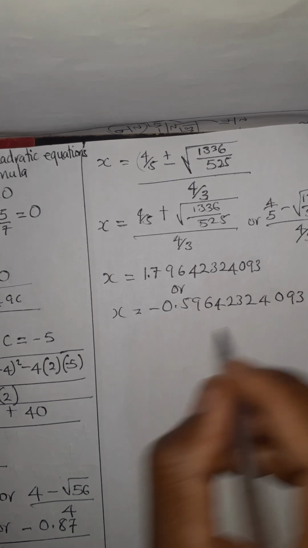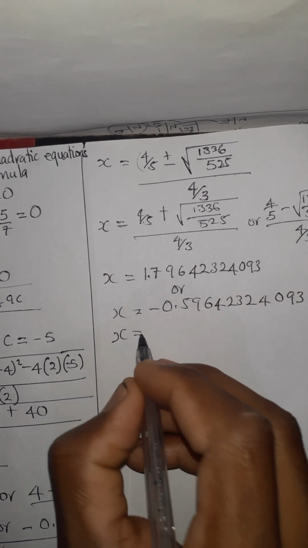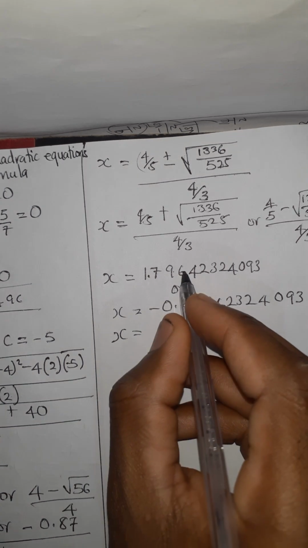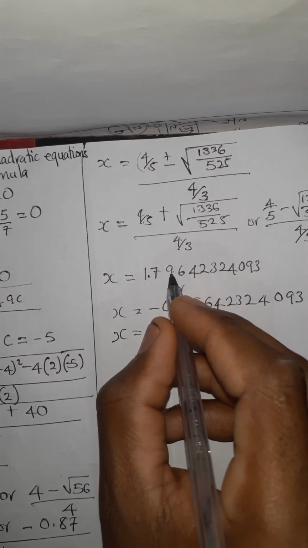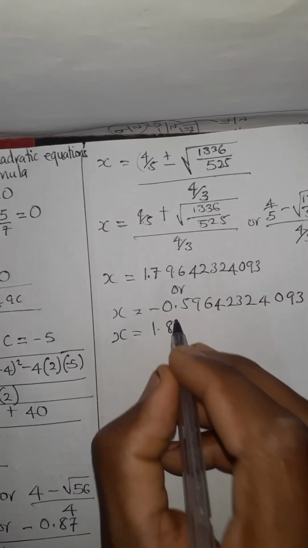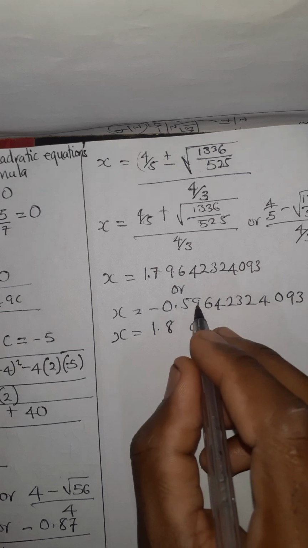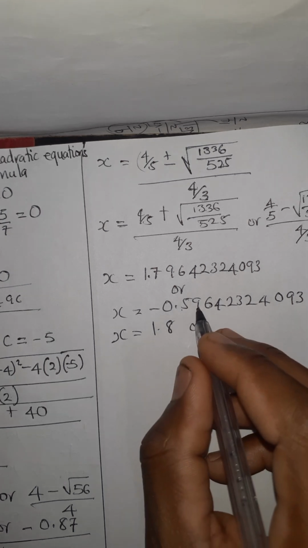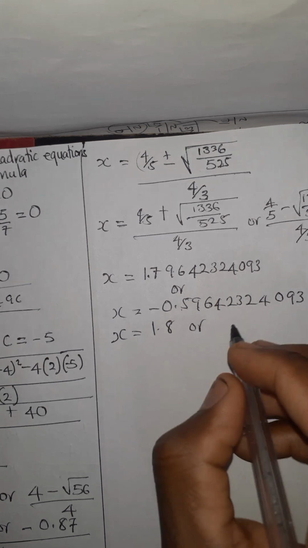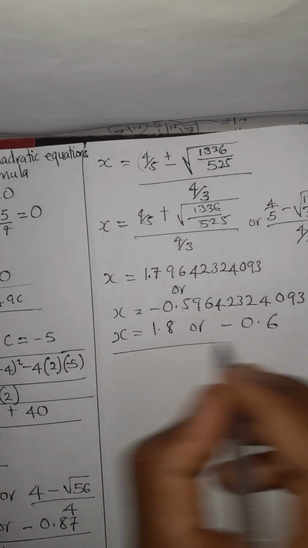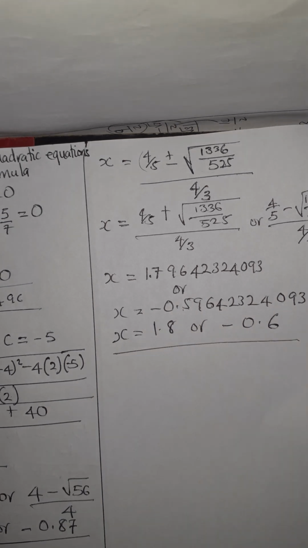So to two decimal places, x is equal to 1.8, or x is equal to negative 0.6.